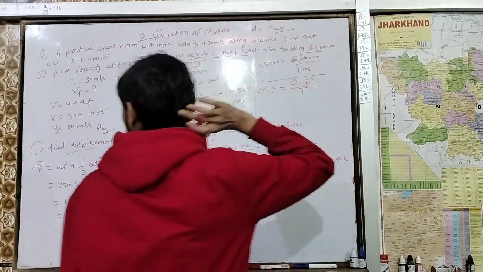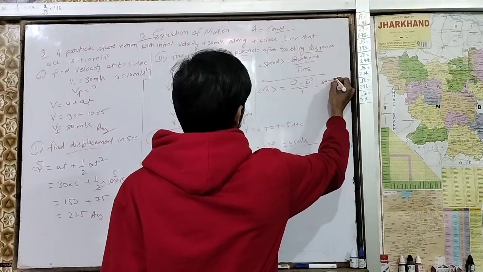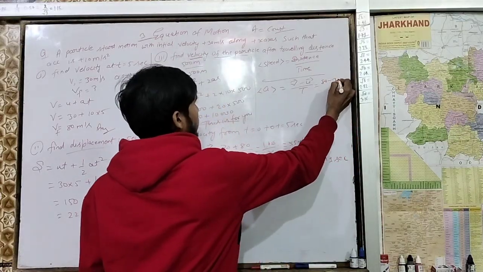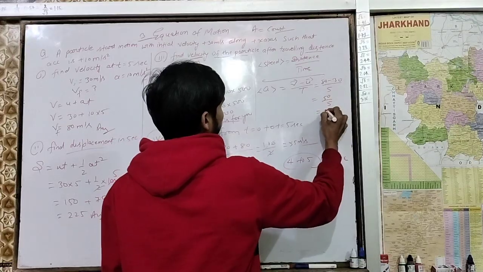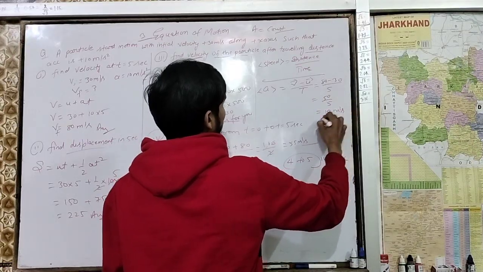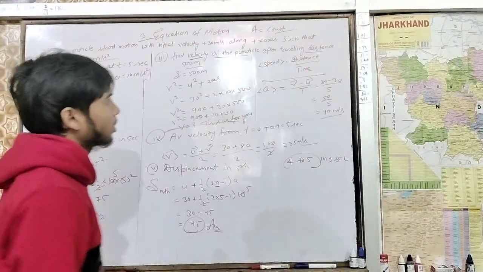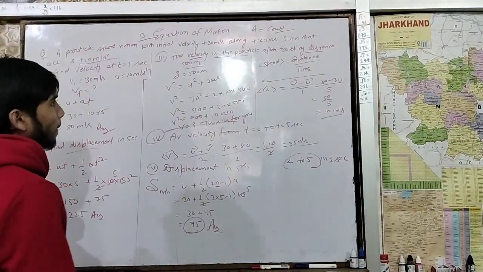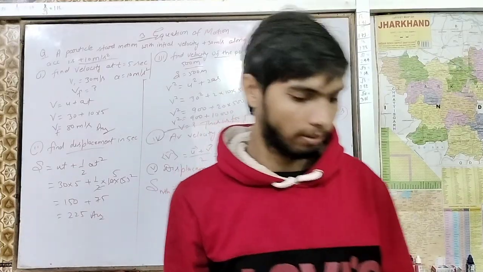Your final velocity is 80 and initial is 30. Time is 5. This came as 10 meter per second squared, which is given over here. Average acceleration is 10 meter per second squared.